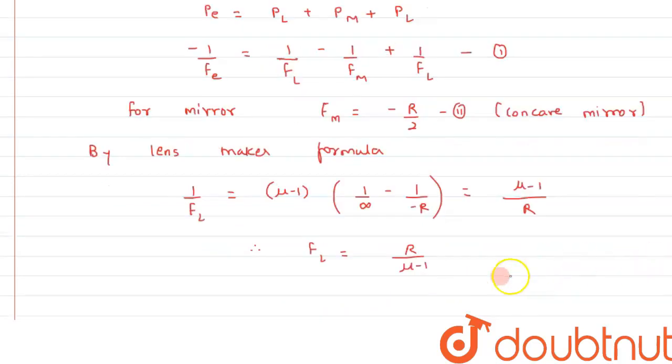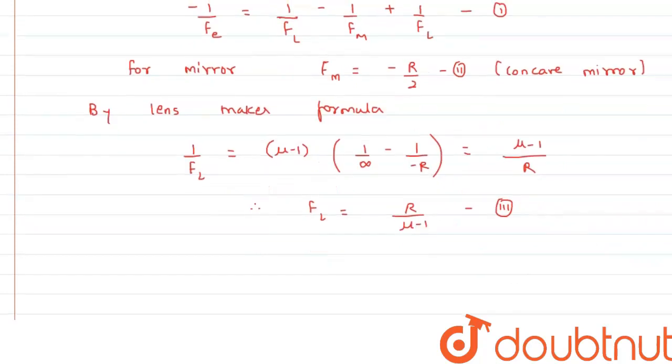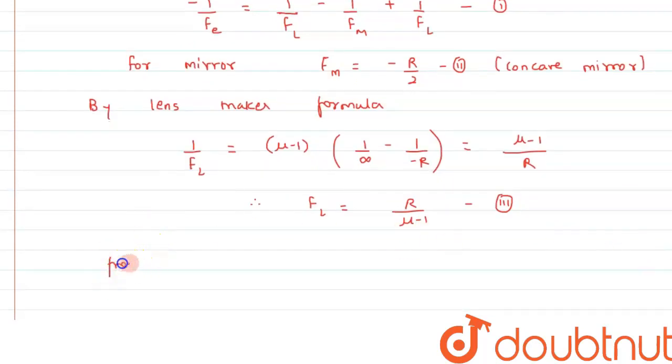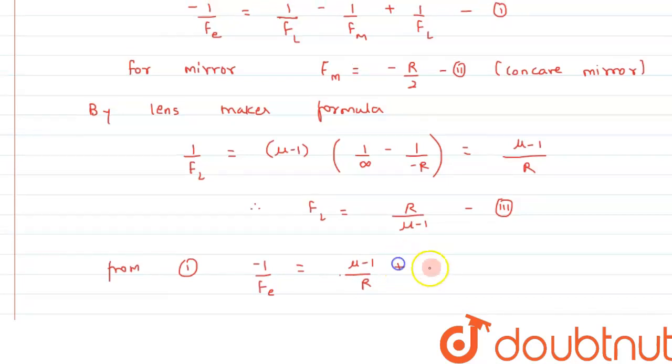We have calculated the focal lengths of the lens and mirror from 2 and 3. Now we will substitute them in equation 1. From equation 1, minus 1 over fe equals 1 over fl, that is mu minus 1 by r, minus of minus, so plus 2 by r, and finally plus mu minus 1 by r.